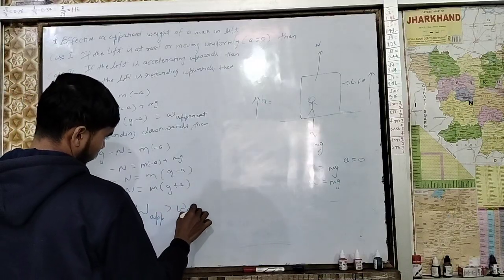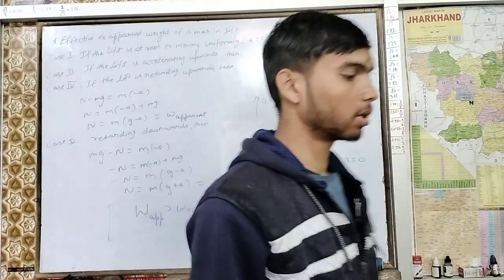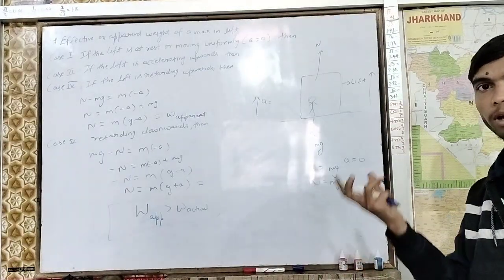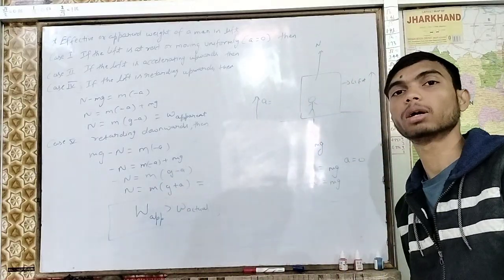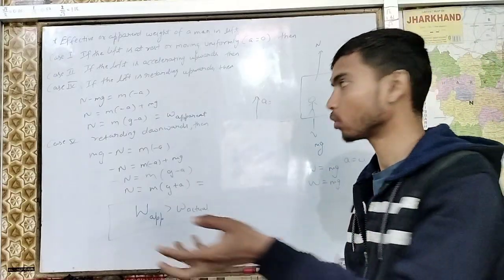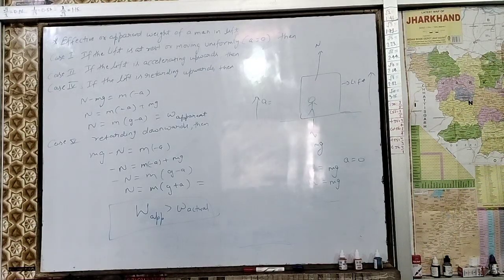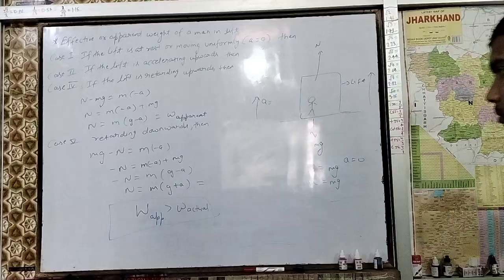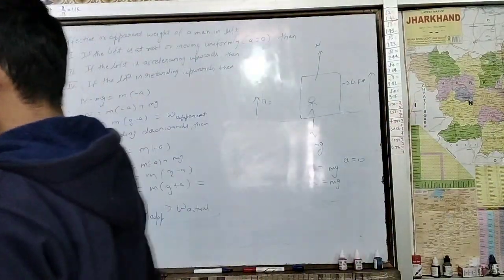When the lift was going upward with upward acceleration, the equation was N equal to m(g plus a), the same as here. The equation was the same, that's why the apparent weight will be more. Now let's do some questions.